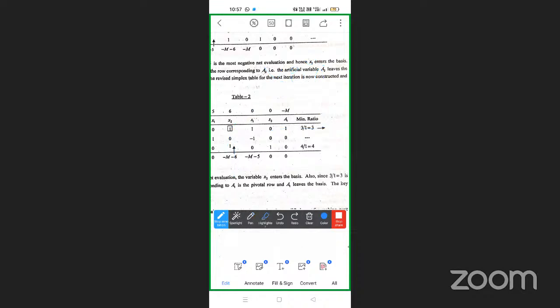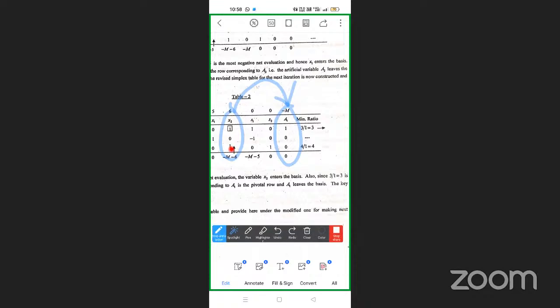Next, X2 is replaced by A1. So X2 can be converted into 1, 0, 0. Already 1 is there, 0 is there. To make the third element 0 by using row operations, R3 tends to R3 minus R1.